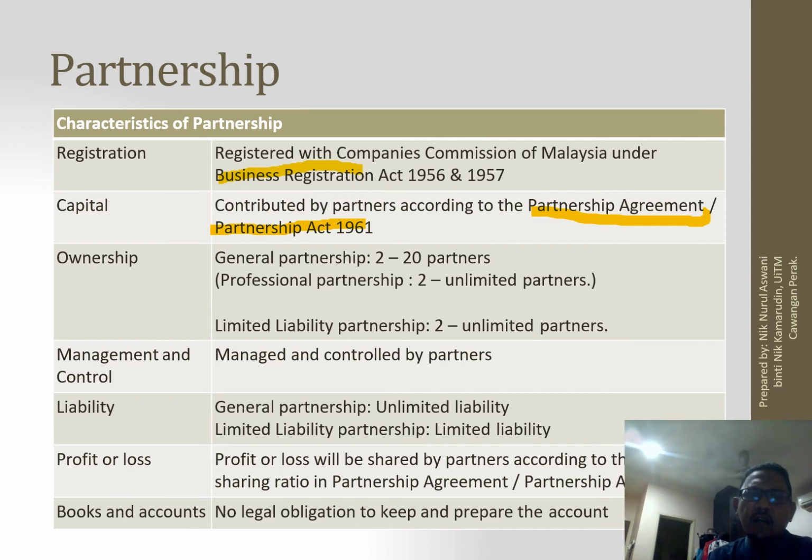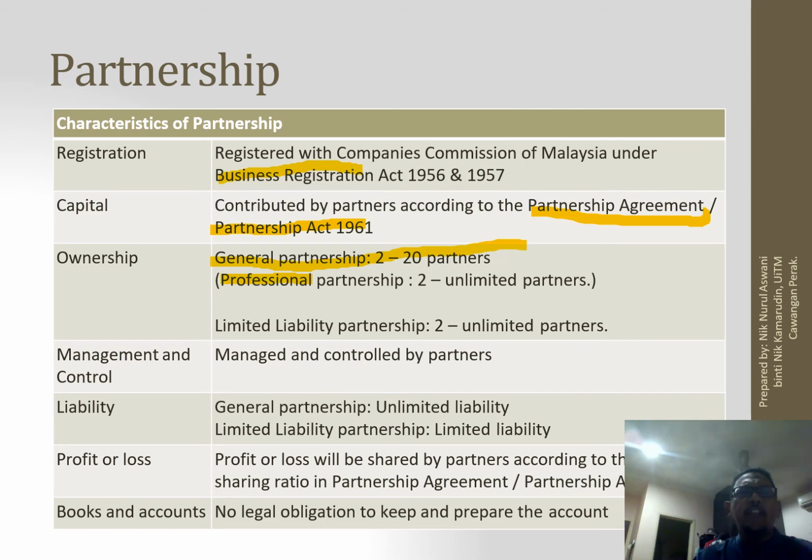Professional here refers to lawyers, doctors, accountants, surveyors. For that partnership, it can have more than 20 partners, normally up to 50, but here it is stated unlimited partners. Limited liability partnership, I think we focus on these two, general partnership and professional partnership.